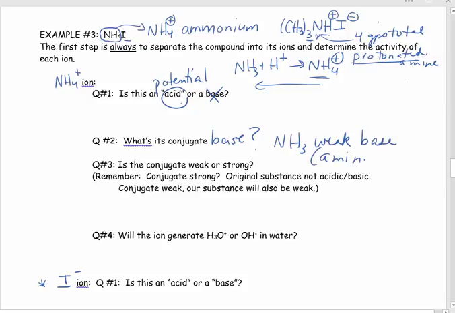A nitrogen with 3 groups, okay? 3 H's or some H's and some R groups. All right, since its conjugate is a weak base, so NH3 is a weak base, therefore NH4 plus is a weak acid.